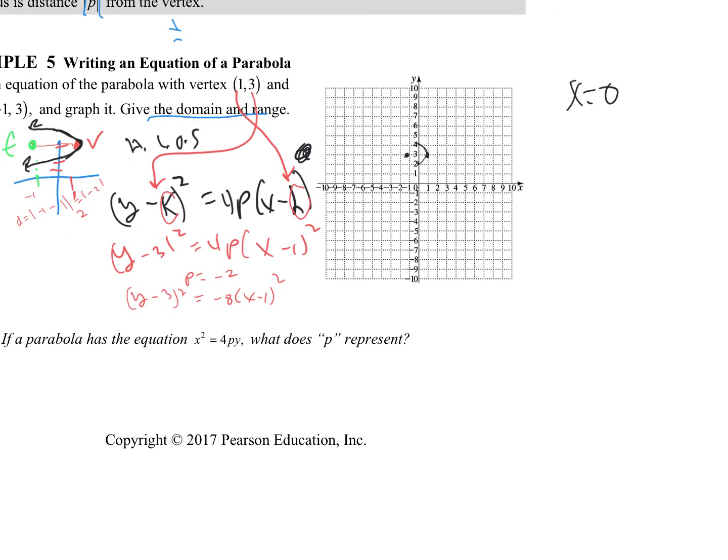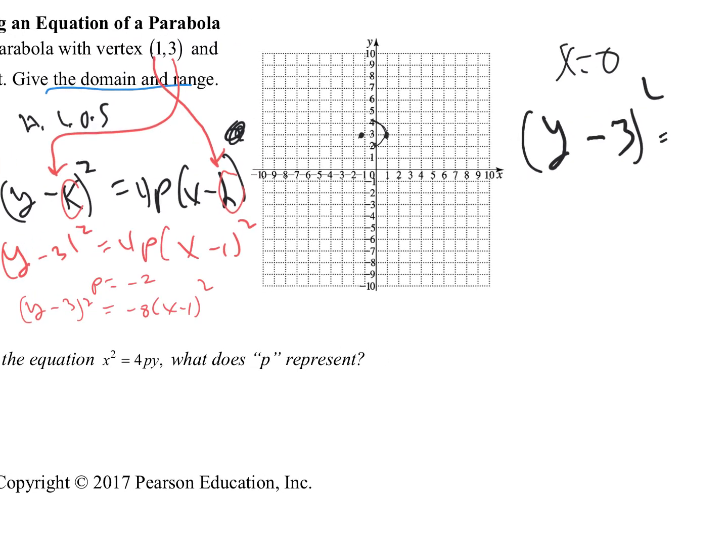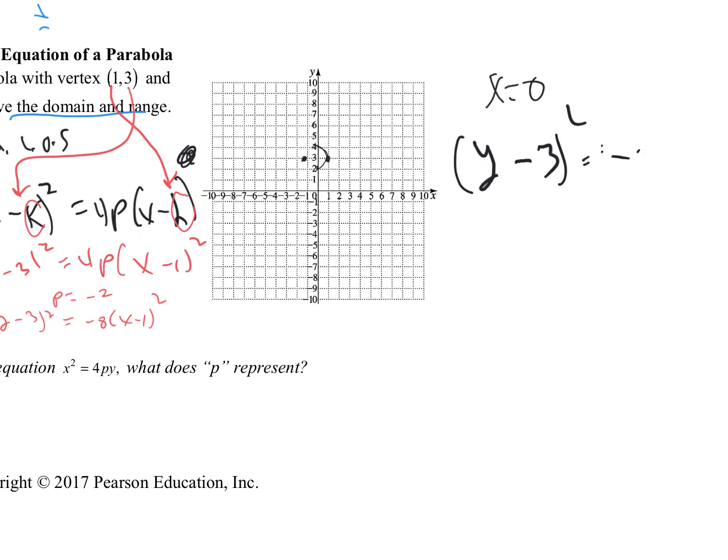And so the equation I have was y minus 3 squared equals negative 8 times x minus 1.